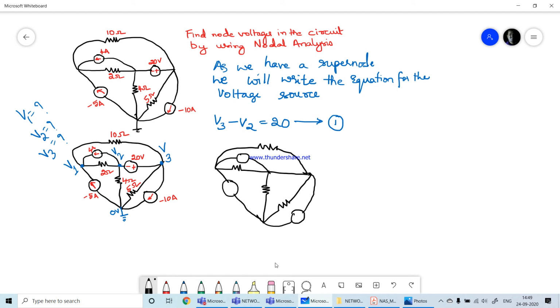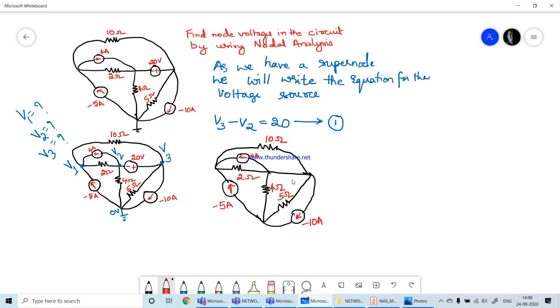In super node, earlier in super mesh, what did we used to do? We used to remove the current sources, and then we used to write the super mesh diagram. Now here in super node, we are removing the voltage source and shorting that particular terminal. That is what I have done in this diagram.